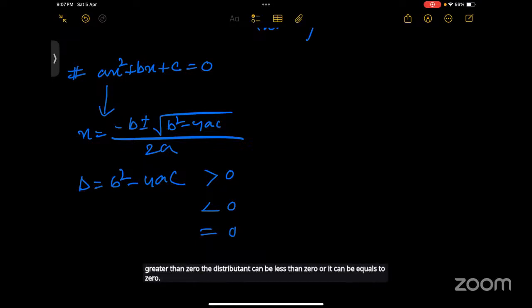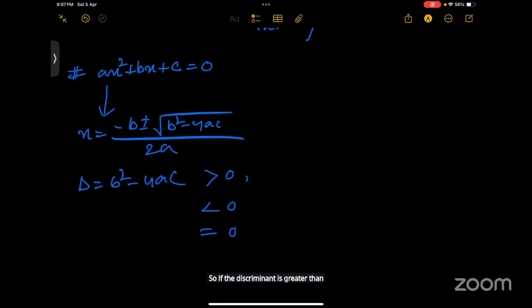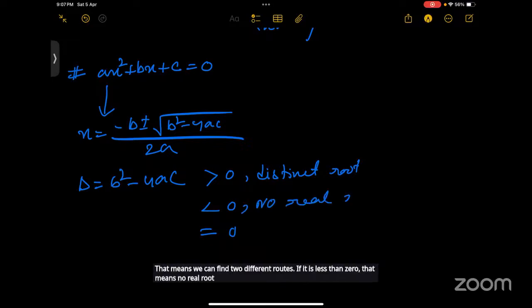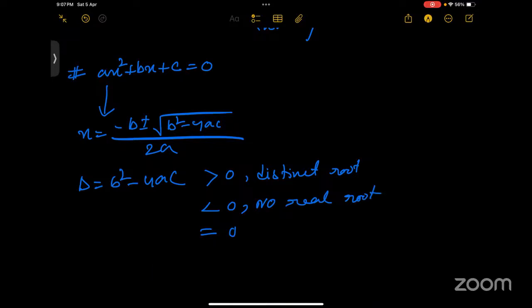If the discriminant is greater than 0, then we have distinct roots, which means we can find two different roots. If it is less than 0, that means no real root. If it is equal to 0, that means repeated roots. So depending upon the discriminant, we can find the number of roots.